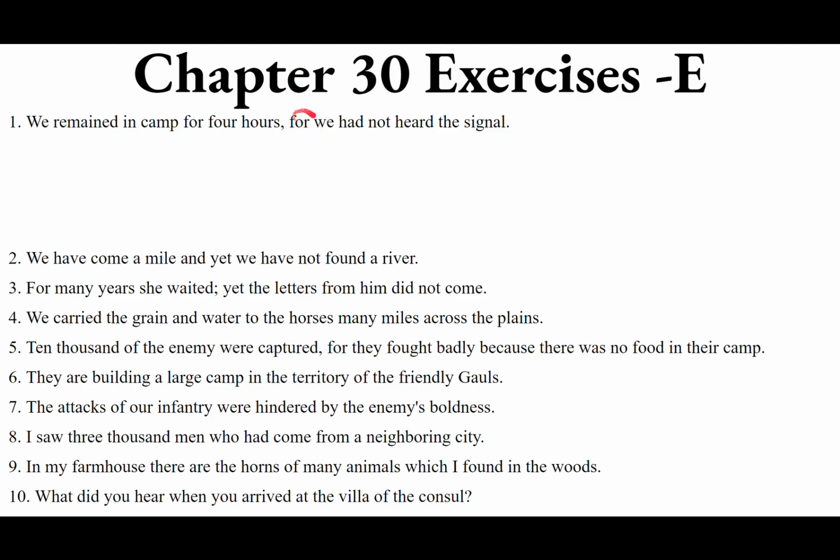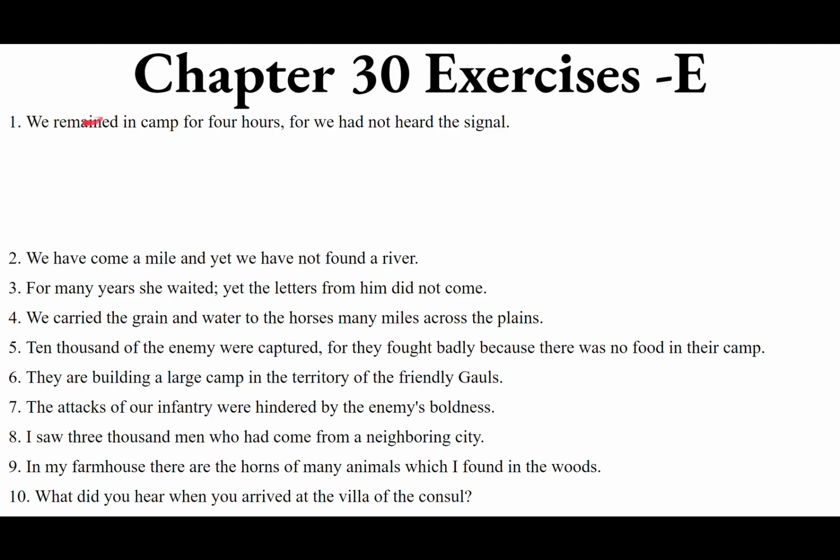That's a conjunction. It's linking this clause to the main clause. If we get rid of the dependent clause, for we had not heard the signal, cross it out, and just keep the main clause, we remained in camp for 4 hours, that's fine. That makes sense on its own by itself. It can stand on its own.